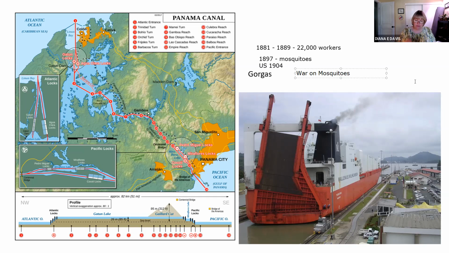And he began fumigating buildings in the canal zones. Now I do need to mention here that the buildings that were fumigated and the buildings that had screens on the windows were the buildings where the white workers were.